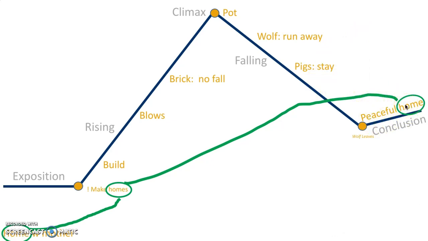So this concept of home and space and belonging is what's threaded throughout the narrative of the 3 little pigs. You can see there's a connection between the exposition, the background story of the pigs living with their mother, the hook where they have to then go out into the world and make their homes, how those are attacked in the rising action, and in the conclusion, it's different than the 3 little pigs began.